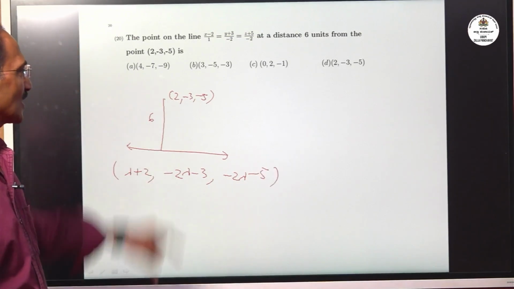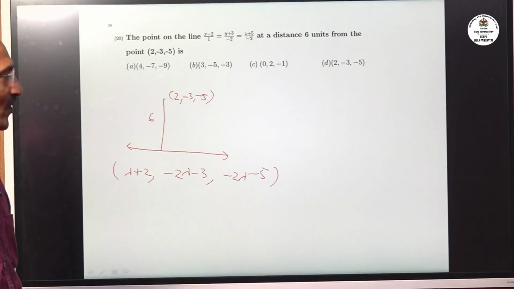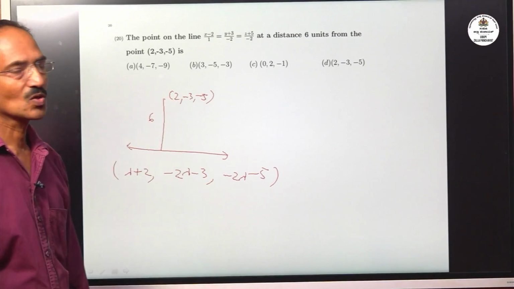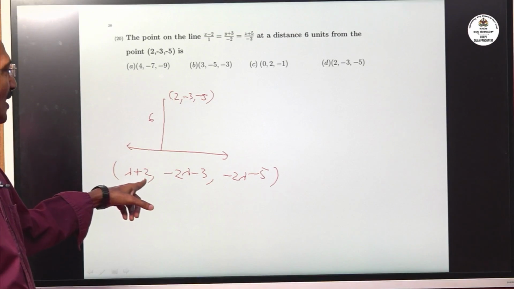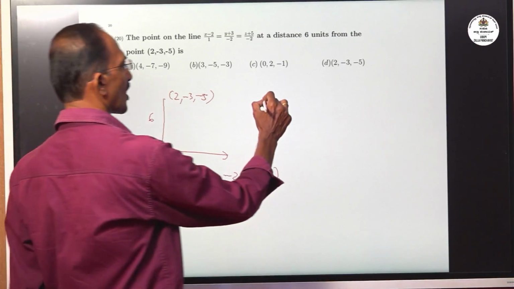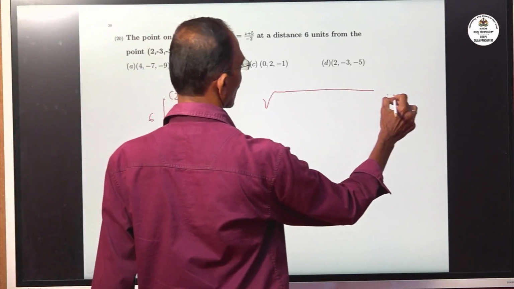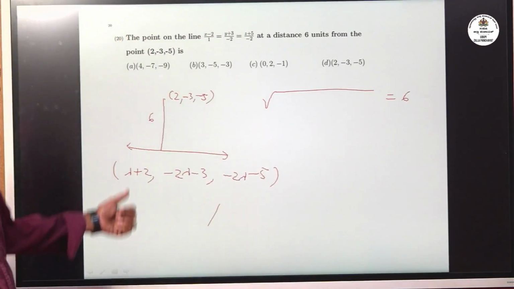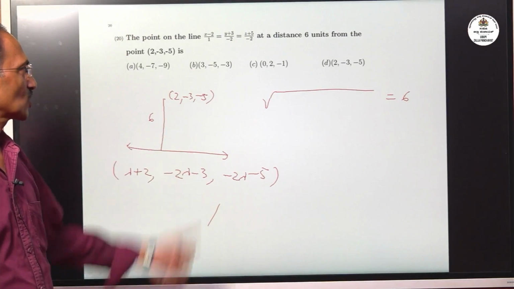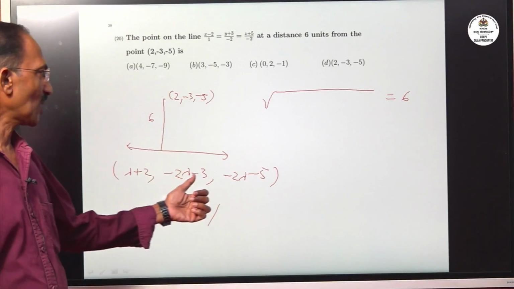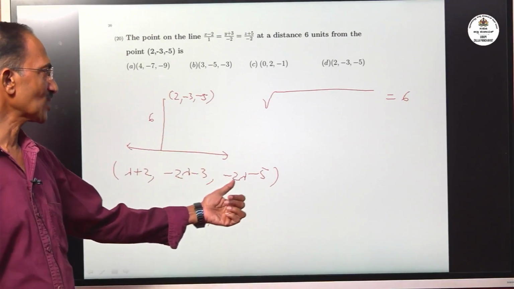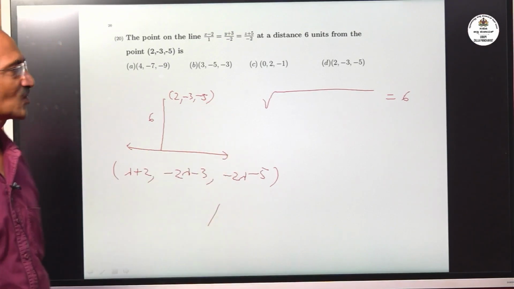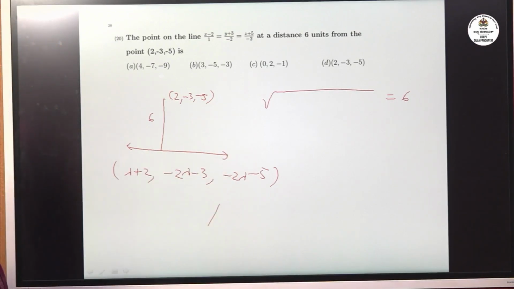Now you find the distance between the point and the line. That distance is given by the square root of the sum of squares equals 6. So what is inside the square root? That is (x2 minus x1) whole square, plus (y2 minus y1) whole square, plus (z2 minus z1) whole square.